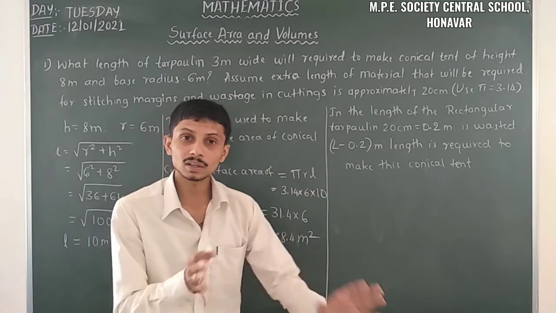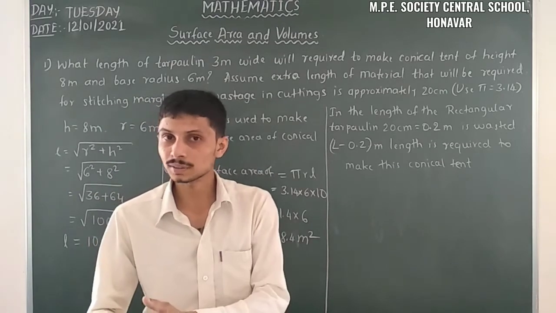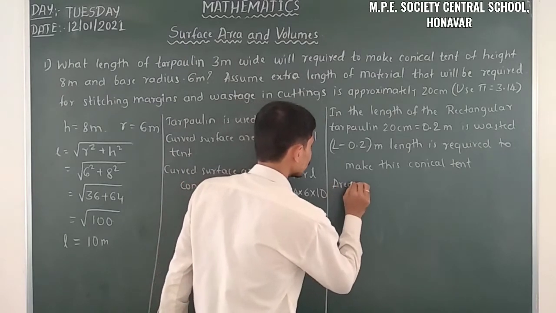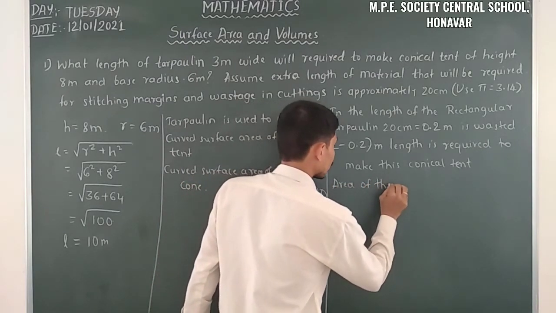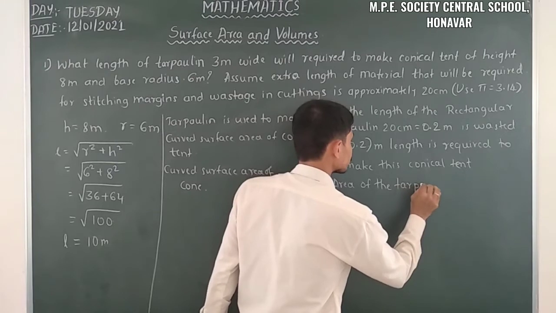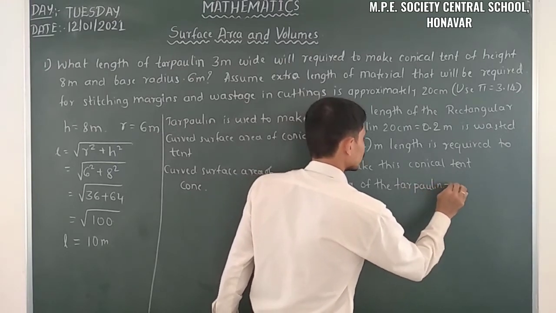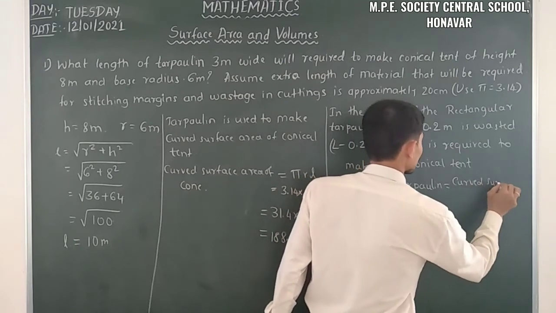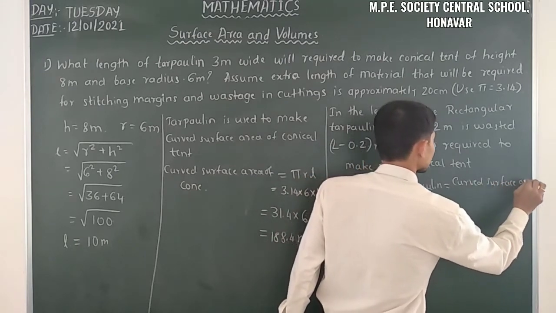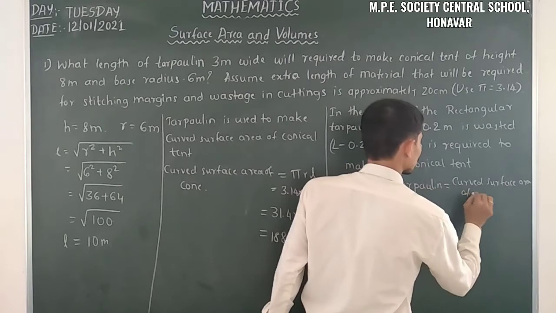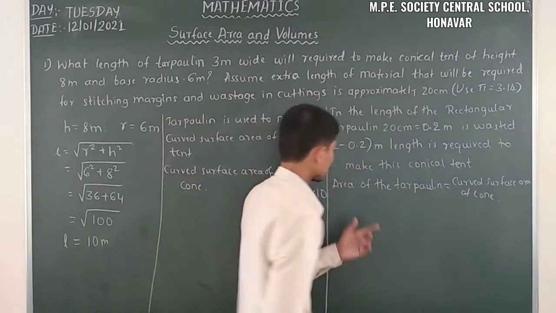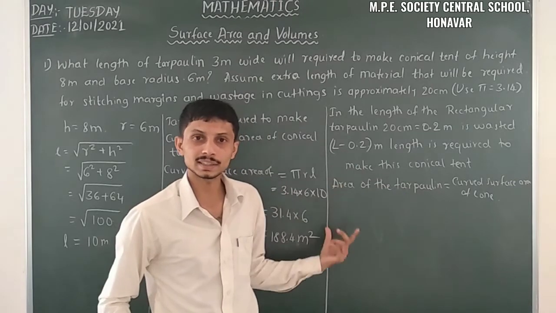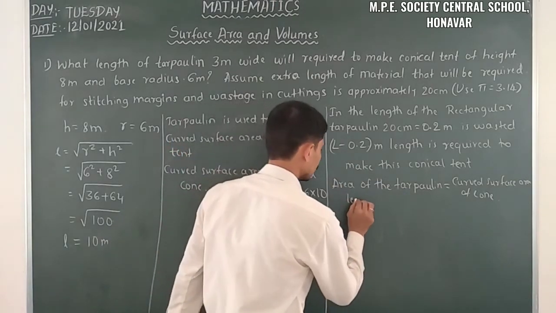That means area of the tarpaulin is equal to curved surface area of the cone. Here we know that area of the tarpaulin means area of the rectangular sheet, that is length into breadth.